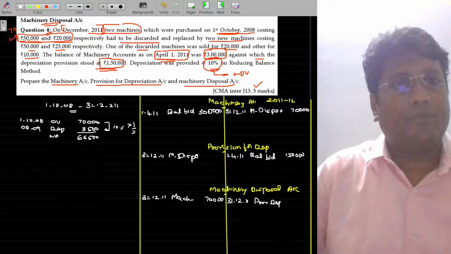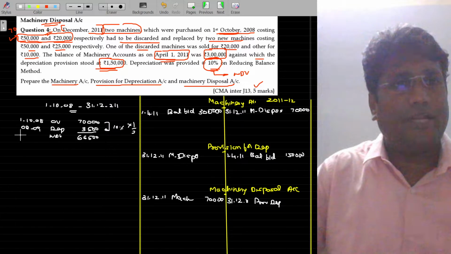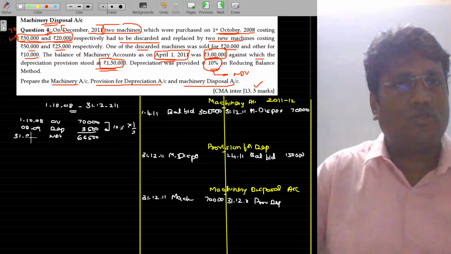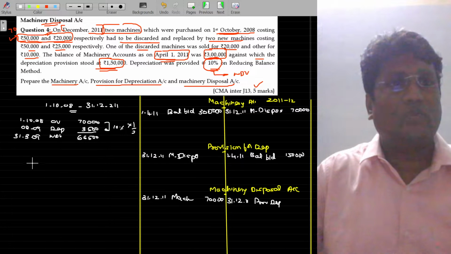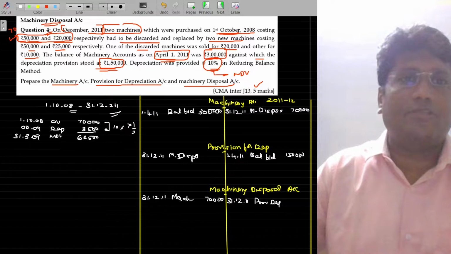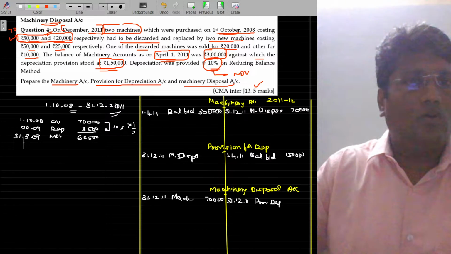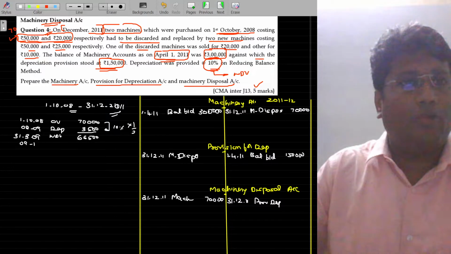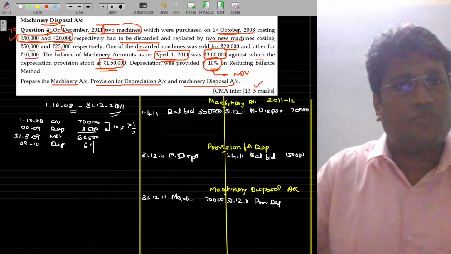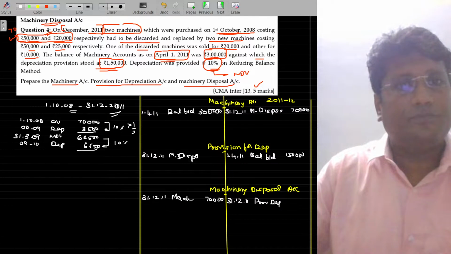This is the WDV. WDV as on which date? 31st March 2009. 1 year is over. But sold as on this date, right? So 2009 and 10, we have to again claim the depreciation for one full year. 6,650. Okay, 10% on this.